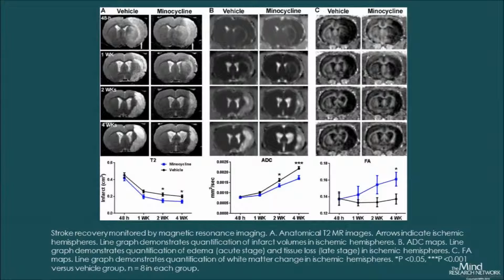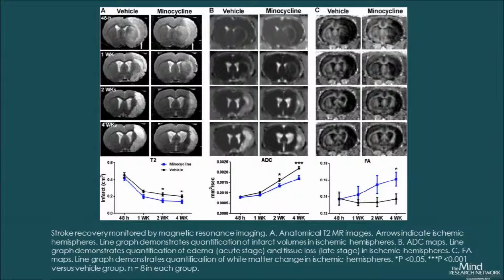Here is stroke recovery monitored by magnetic resonance imaging. We sampled data at 4 time points: 2 days after ischemia, 1 week, 2 weeks, and 4 weeks. We have 2 groups of animals. One is vehicle, which means spontaneous recovery. The other group received the minocycline injection right after reperfusion.